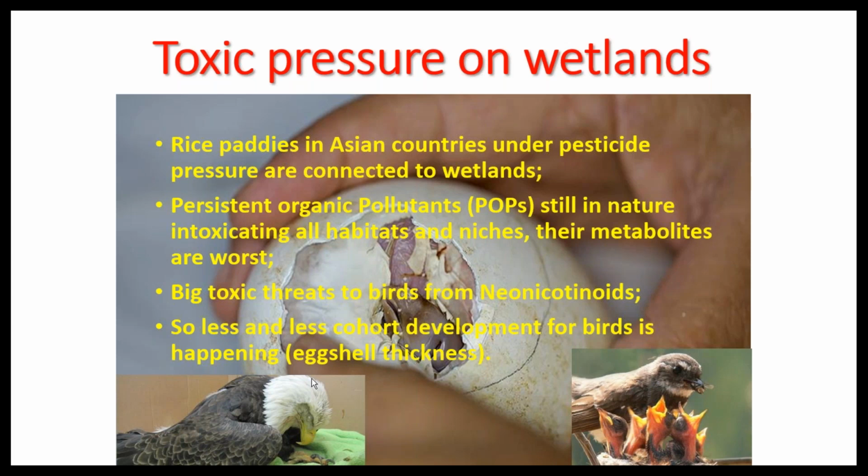So we have lots of problem now still with the POPs, and also their metabolites, because after some chemical pollutants is not only themselves, they break to metabolites, and sometimes we have more problem with the metabolites, and that's why we cannot follow the route of pollution clearly.